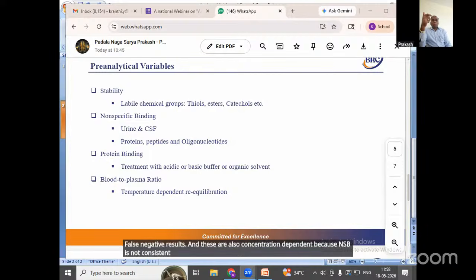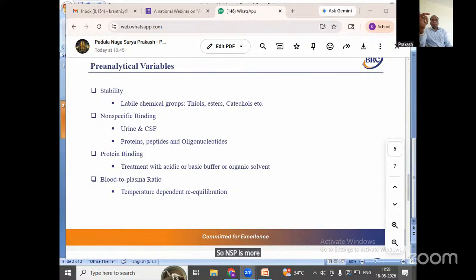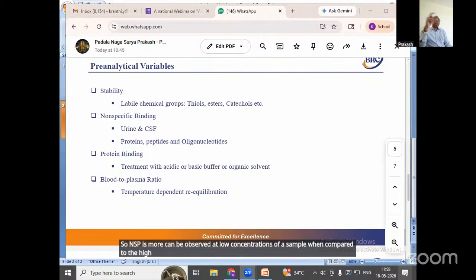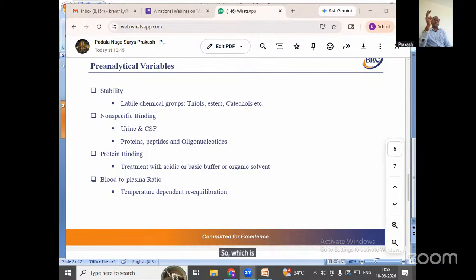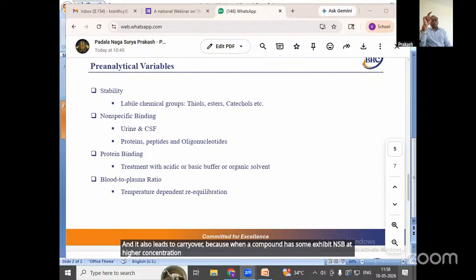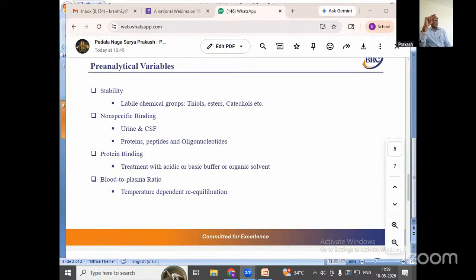NSB can be observed more at low concentrations of a sample when compared to high concentrations, which is called concentration dependent skewing. It also leads to carryover, because when a compound exhibits NSB at a higher concentration, there would always be some concentration left from the higher concentration, which keeps on carrying over to the next sample. So it also has to be addressed.